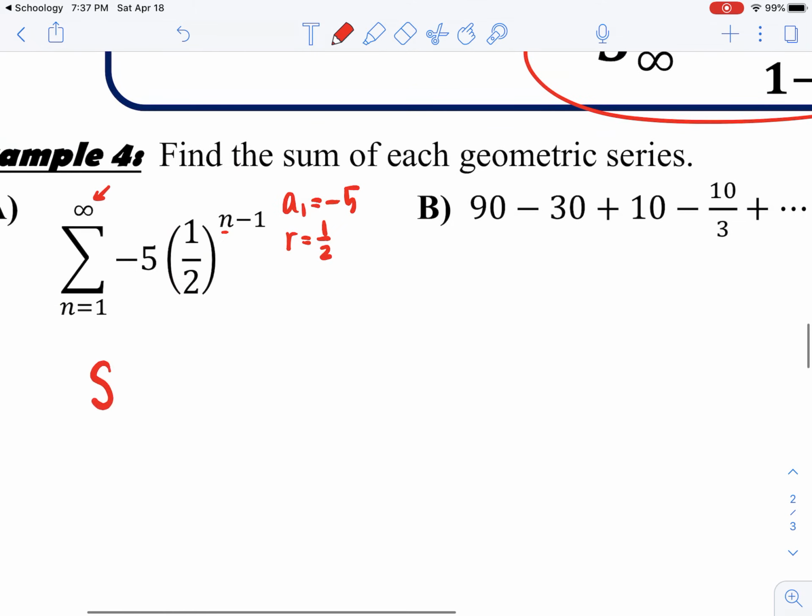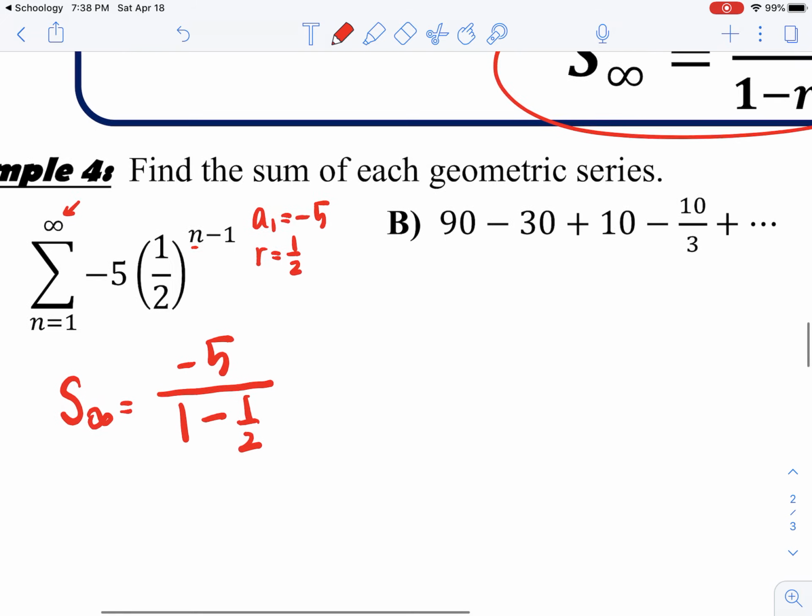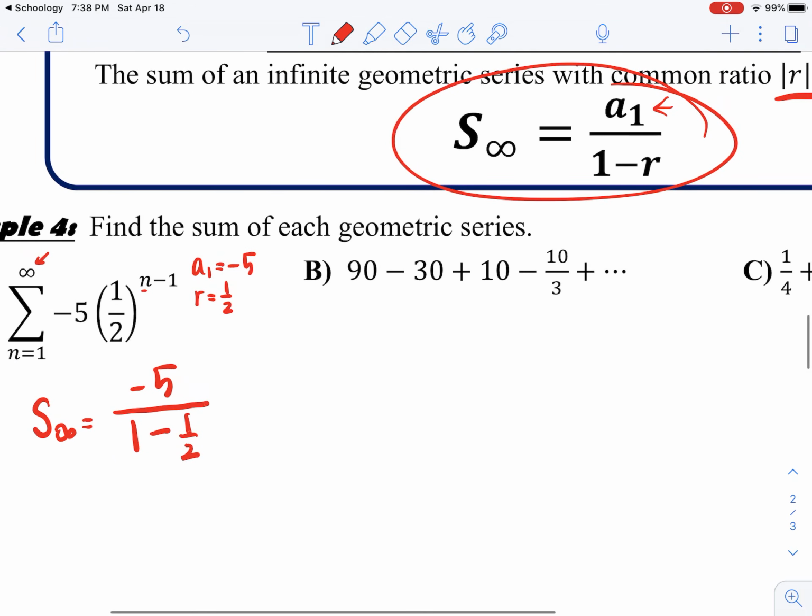The sum of this infinite series is equal to a sub 1, which is negative 5, over 1 minus r, which is 1/2. This is super easy, not difficult to work with. 1 minus 1/2 is a half, and negative 5 divided by a half is negative 10.